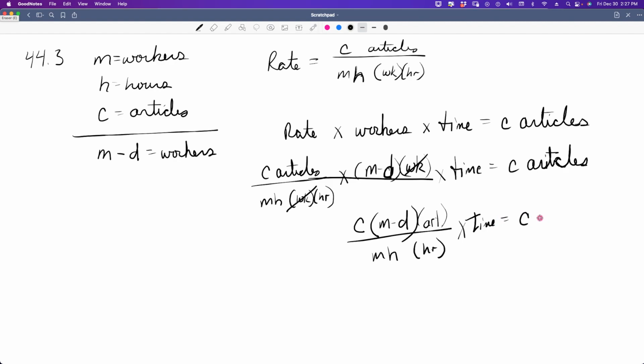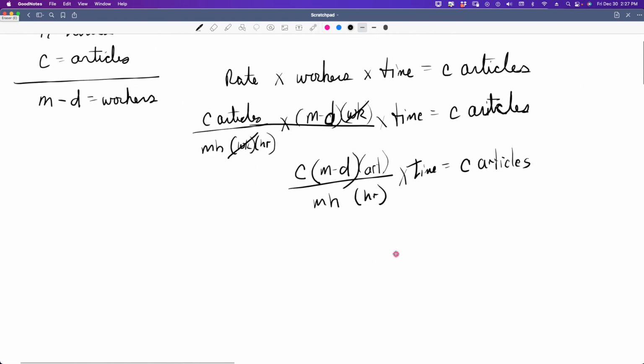And it still has to equal out to the number of articles. But now that we have it down to one factor times a variable that gives us a solution, we can divide both sides by this factor that we know. So that's what I'm about to do now.